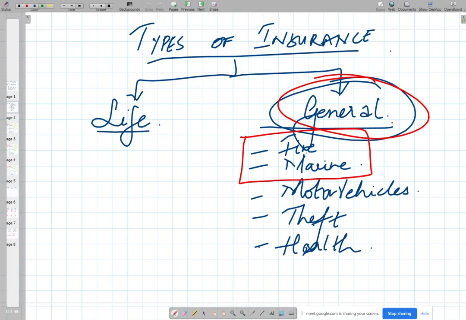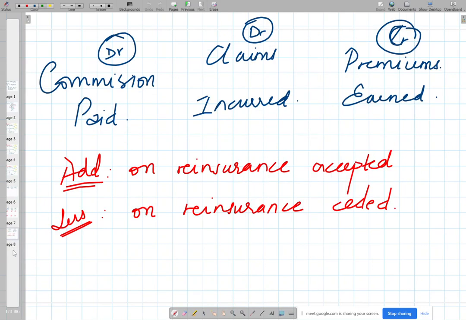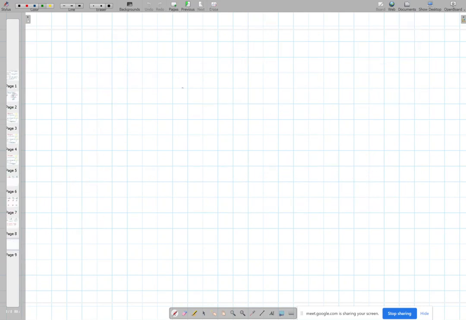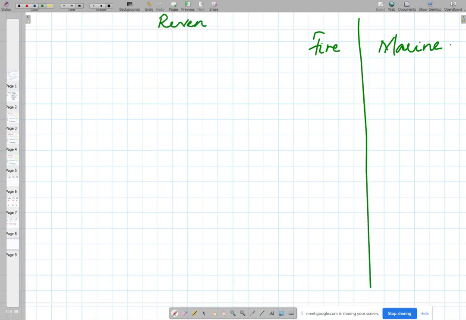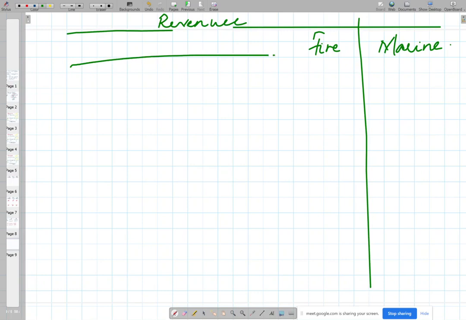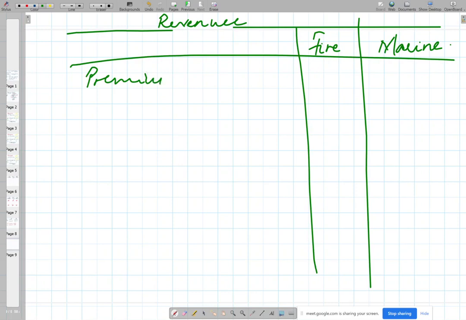Normally we prepare one revenue account with many columns. For example, let's say this insurance business has two different departments, a fire department and a marine department. When we prepare the revenue account, we will make one revenue account but put it in two different columns. The incomes are in the form of premiums, so fire premium was this much, marine premium was this much.